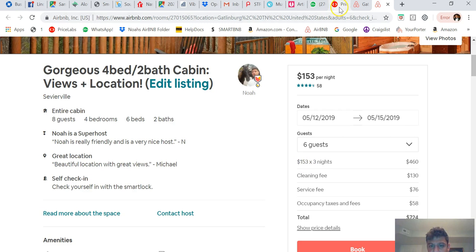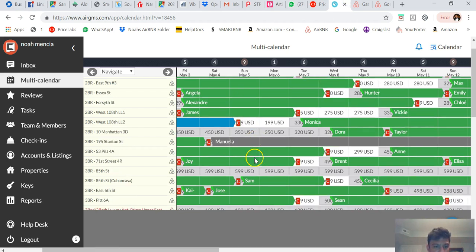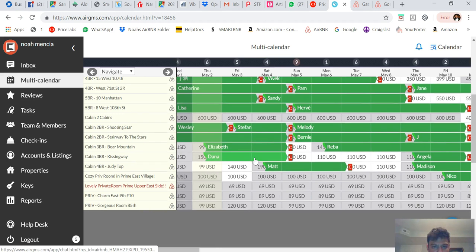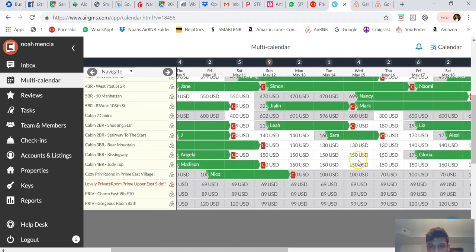Yet our Price Labs has it at 120, and their GMS has it at 150. We're getting overridden. Their GMS is overriding Price Labs here, and that's a problem.